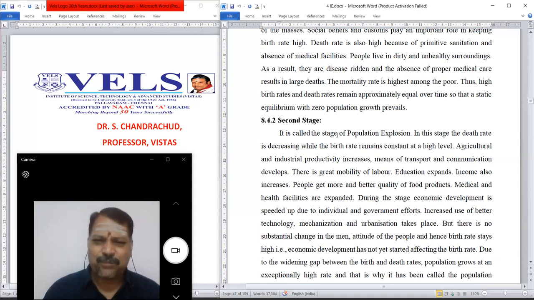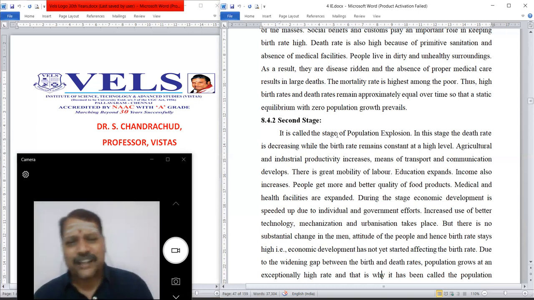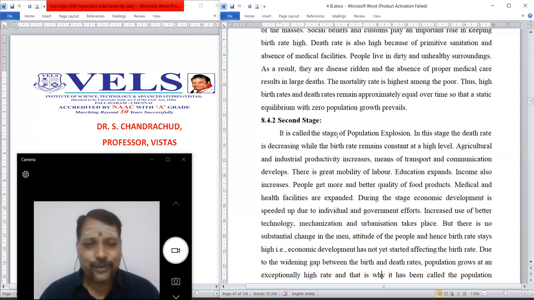There is great mobility of labor. Education is expanding. Income also increases. Because of these reasons, people get more and better quality food products and they start generating income. Medical and health facilities are expanded. During this particular stage, economic development is speeded up due to individual and government effort.